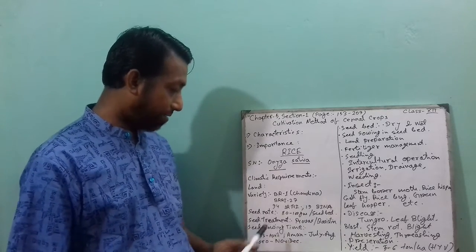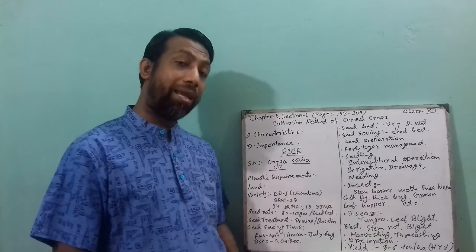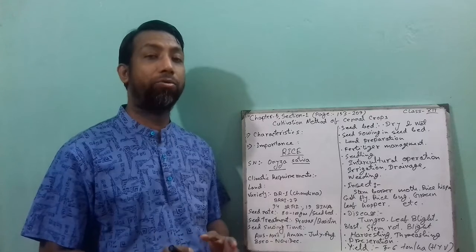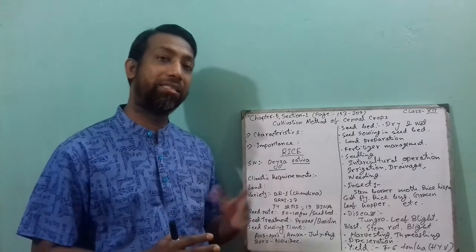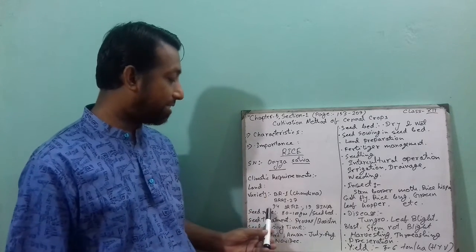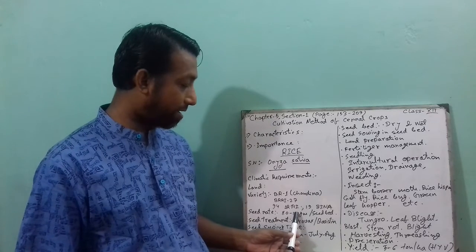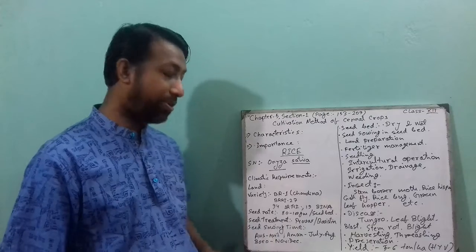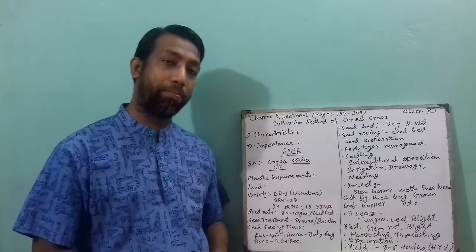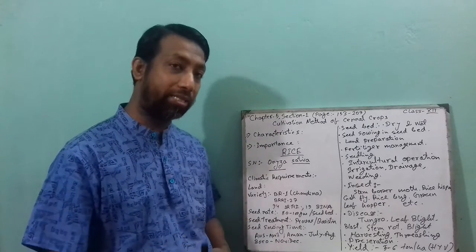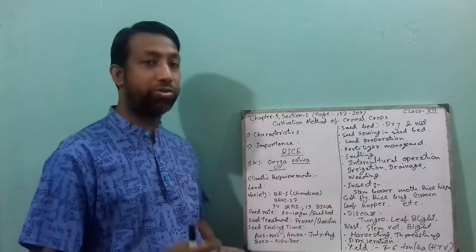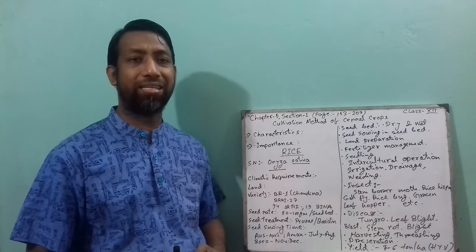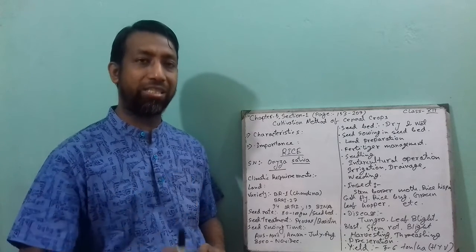Then seed rate. Rice is mainly cultivated in the main field, but before that we have to prepare the seedlings in the seed bed. That is why the seed rate is 80 to 100 grams of seed for the seed bed. And seed treatment: before planting or sowing the seed, you have to treat the seed, otherwise some fungal or insect germs stay in the seed.